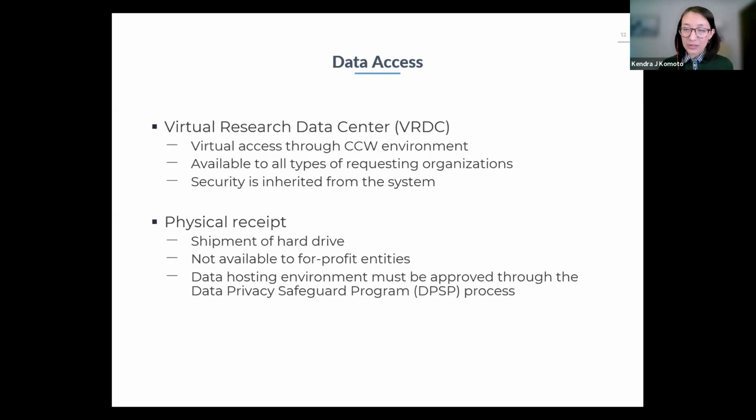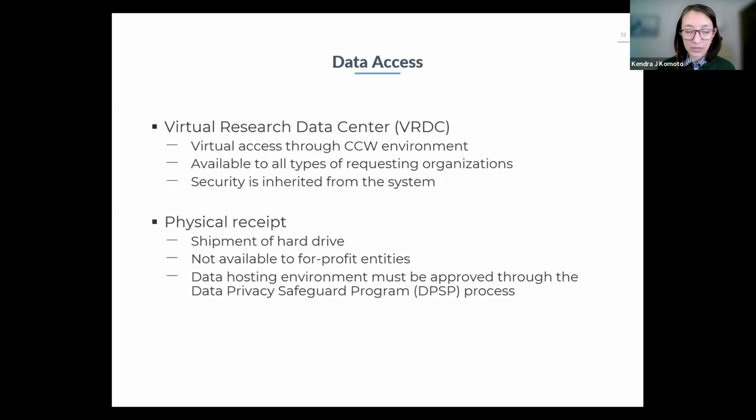Right now, you can access the CMS RIF through 2 means of access. One, the virtual research data center. That's the option that researchers will be expected to move to if CMS's intended policy goes through, or it's also called the VRDC. I'll be saying the VRDC. This is virtual access through an environment maintained by the data distributor. So this is available to all types of requesting organizations.